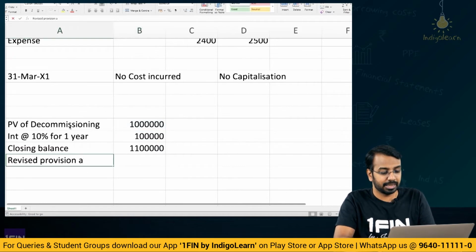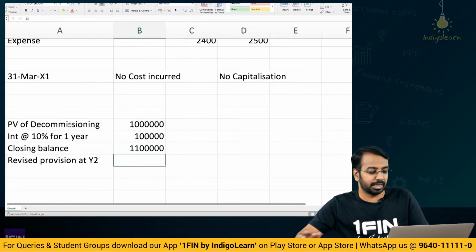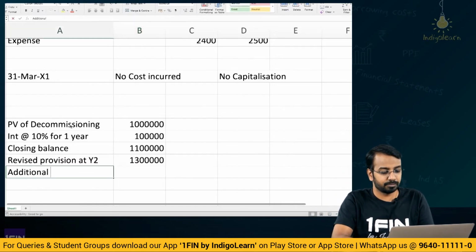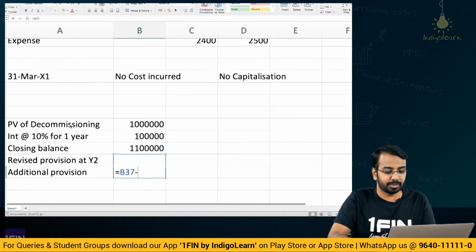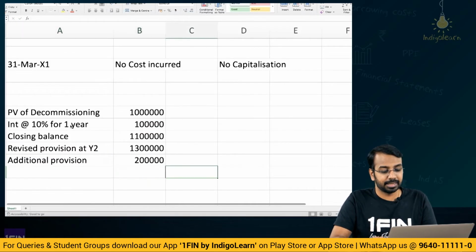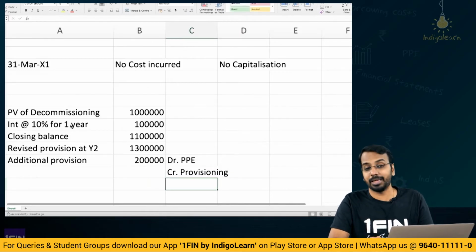Revised provision at year 2, what they have said? They remeasure the provision to 13 lakhs. So, additional provision is 13 minus 11, which is 2 lakhs. Now, this 2 lakhs will be debited to PPE and credited to provisioning. Okay, debited to PPE, credited to provision for decommissioning.